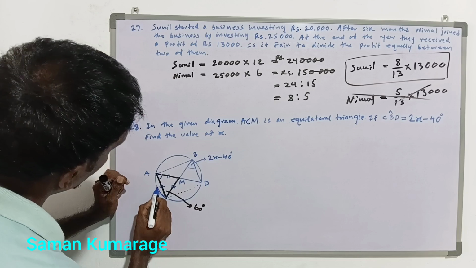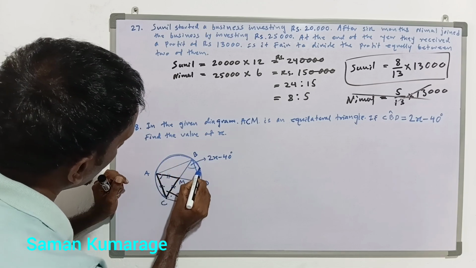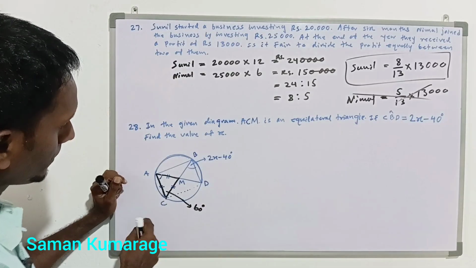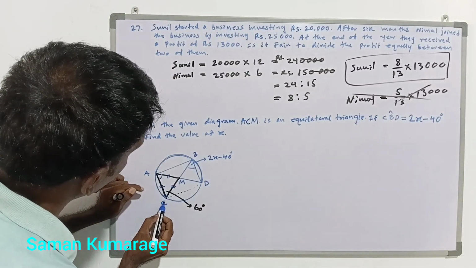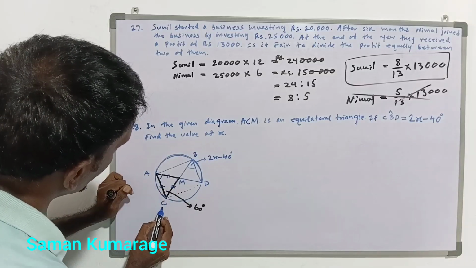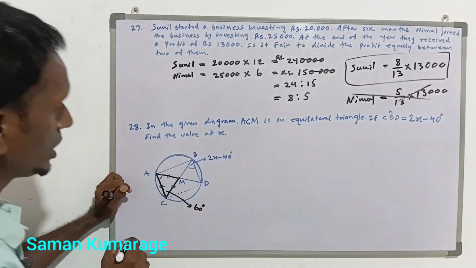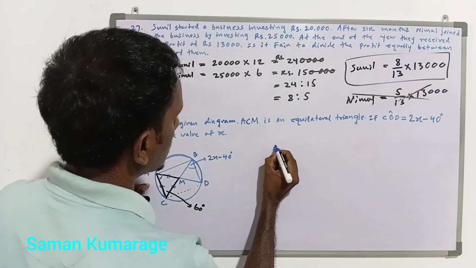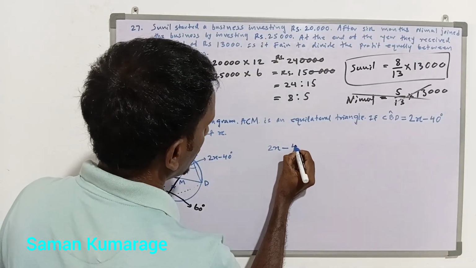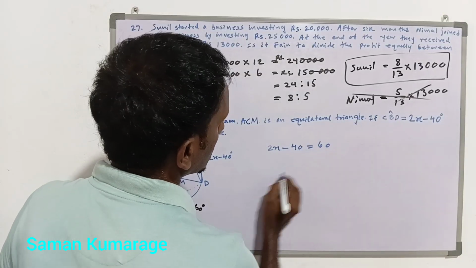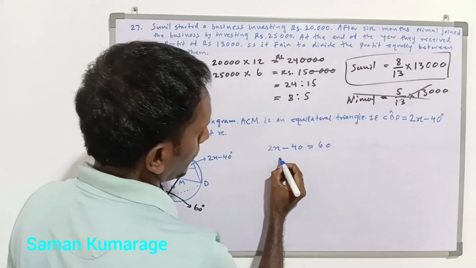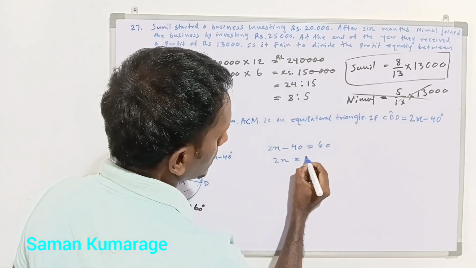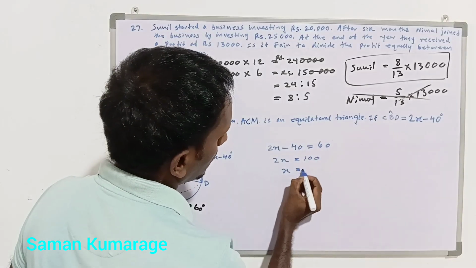So these two angles are equal, so we can equalize 2x minus 40 equals 60. Therefore we can write 2x, we take this 40 to this side, it becomes 100 and x equals 50.